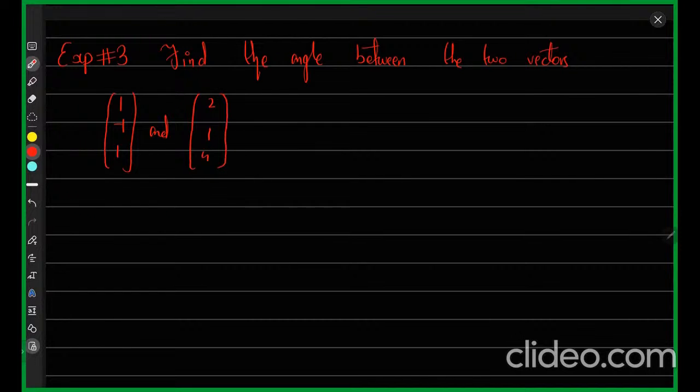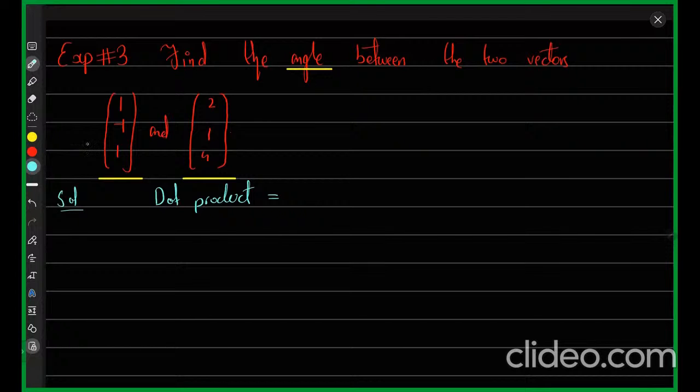Okay. So you have been asked to find out the angle between the two vectors, and this time around the question does not say to find out the dot product or stuff like that, but still we'll be doing that. Why? Because I know that if I take the dot product of these two, I would get the dot product equal to the magnitude of the first one.